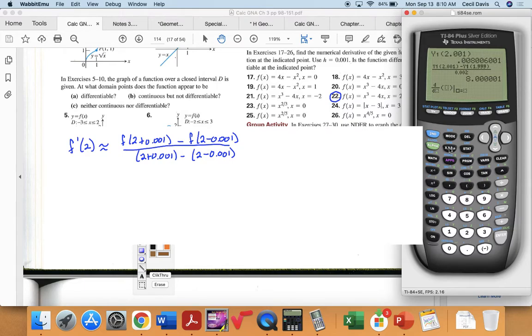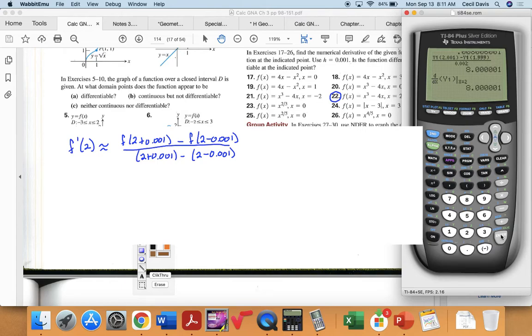Math, the derivative with respect to x of, and because I'm feeling lazy, I'm going to put in just y1 at x is 2. And it's going to give me the same answer because it uses 0.001. It does that exact calculation. The problem is occasionally the derivative doesn't exist at that point, but it gives you a value. What value does it give you?